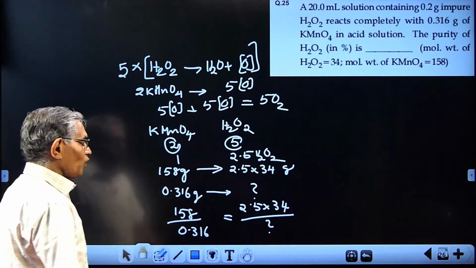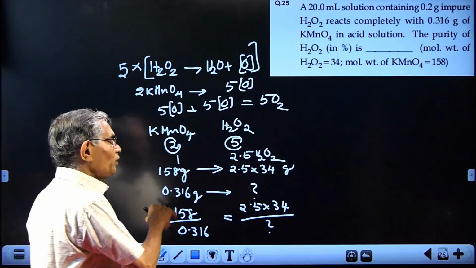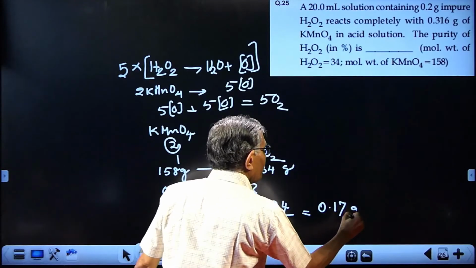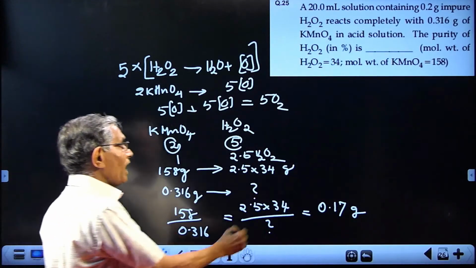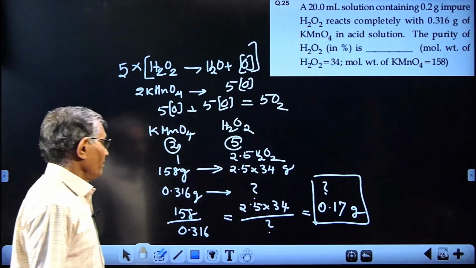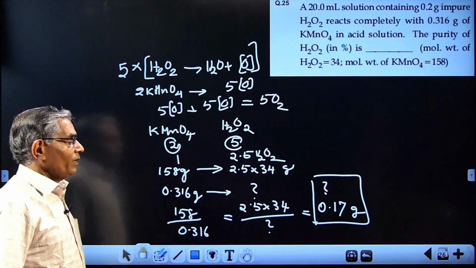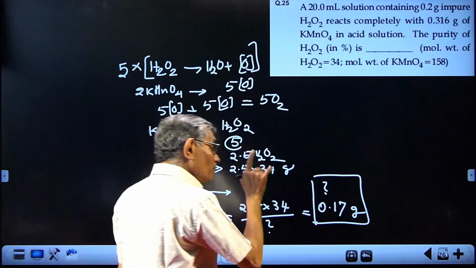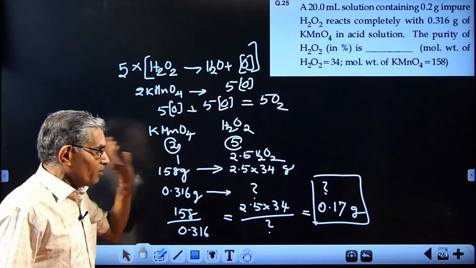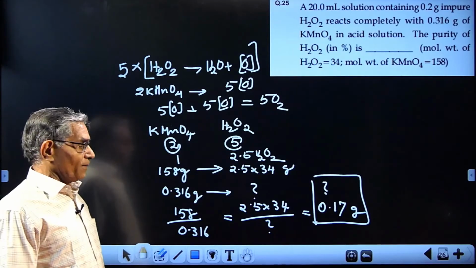And this unknown will actually be 0.17 gram. So, the amount of H2O2 reacting with 0.316 gram of KMnO4 is only 0.17 gram.